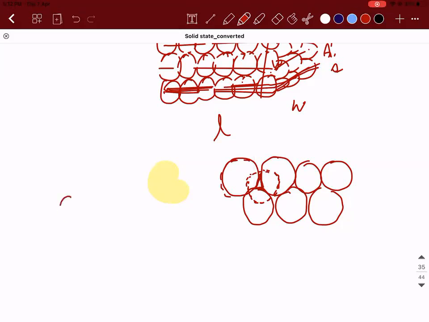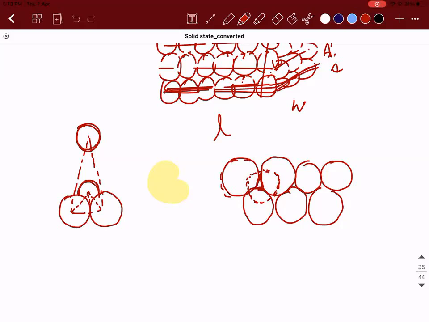Here's the first layer, and the second layer will come and sit on the top of the first layer. So what happens? It forms a tetrahedral void.